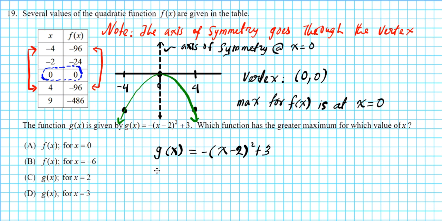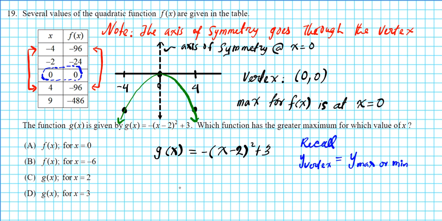Recall that y vertex is the same thing as the y max or min, depending on the opening. In this case, it's going to be a maximum since it's downward opening.